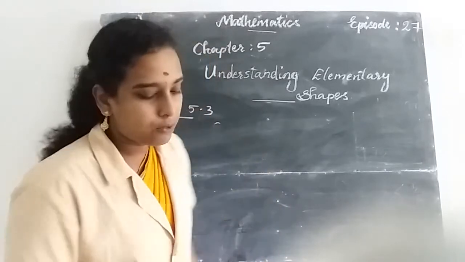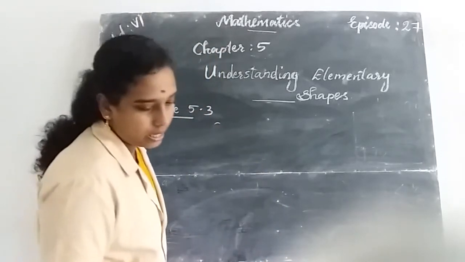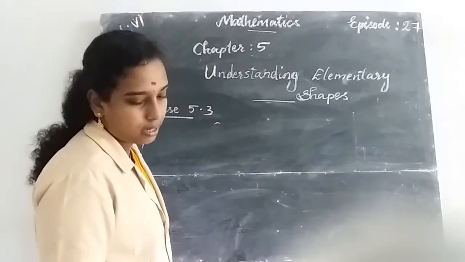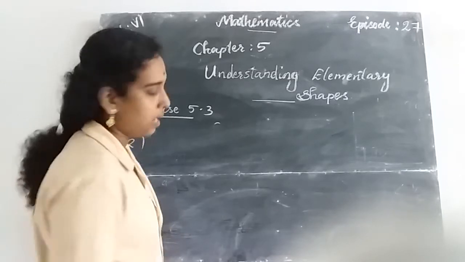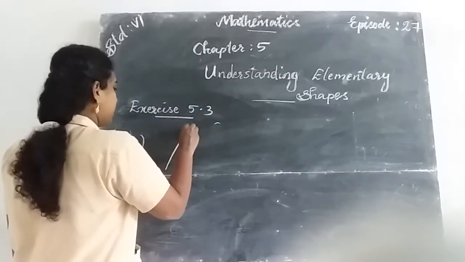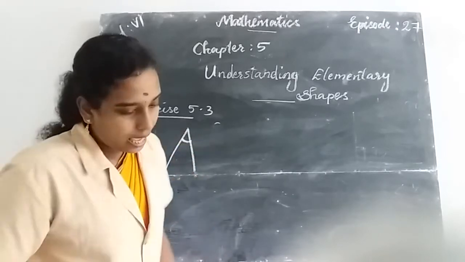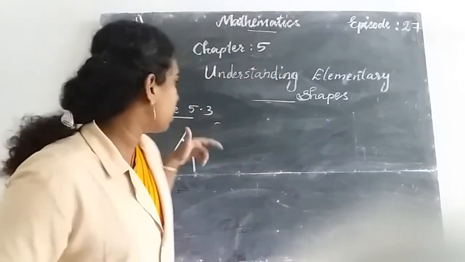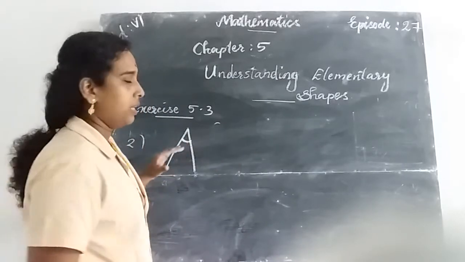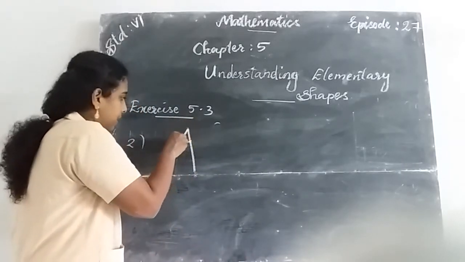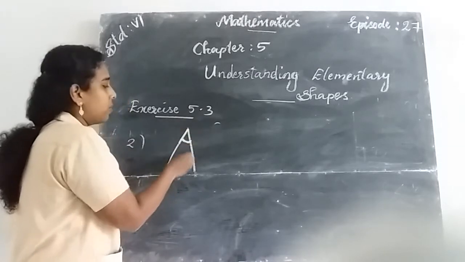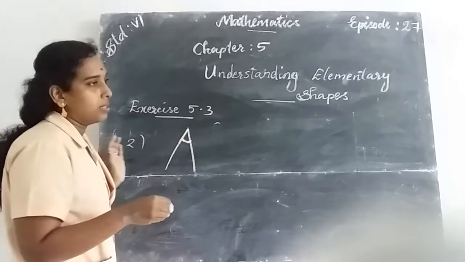So the first one is: classify each of the following angles as right, straight, acute, obtuse or reflex angle. And the first angle is like this. This angle measures less than 90 degrees. You place your protractor here, then measure the angle. That we will discuss in our next class.